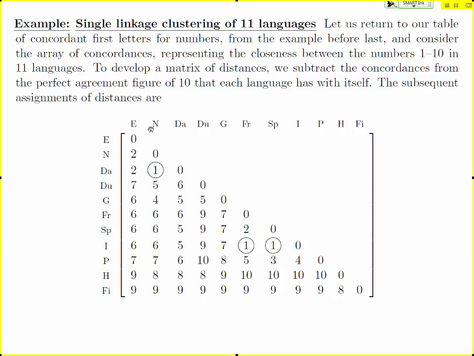Like English and Norwegian, the number is 2, but they actually had 8 out of the 10 words that shared the first letter. Whereas English versus Italian is 6, there was more discrepancy. So bigger numbers indicate less similarity. Call it a, quote, distance matrix.